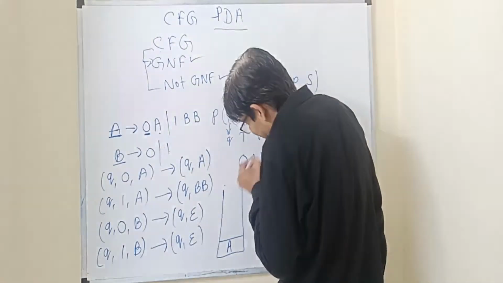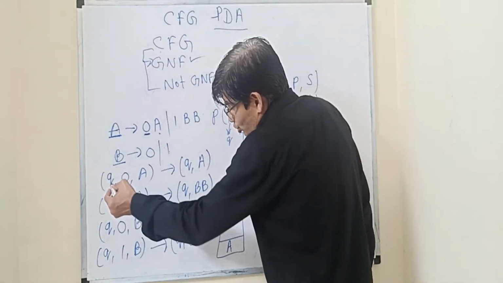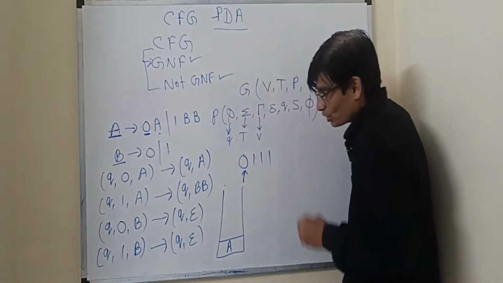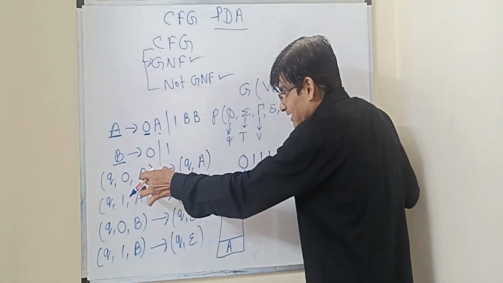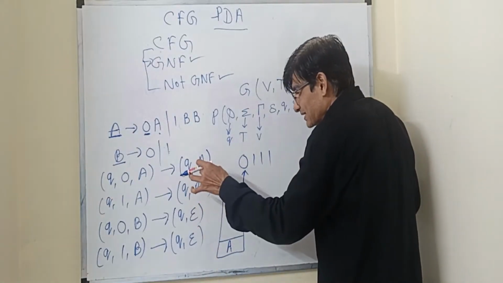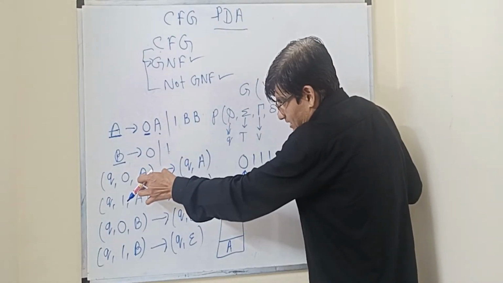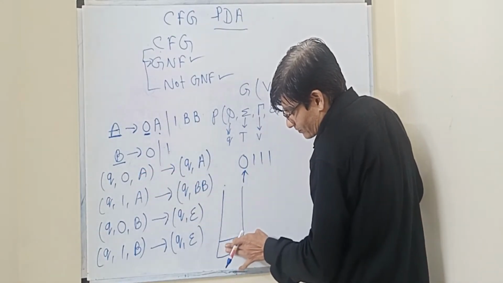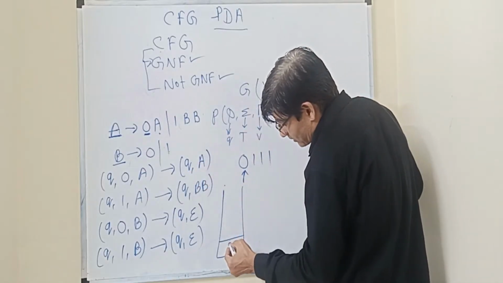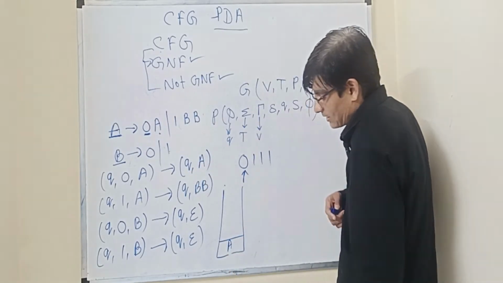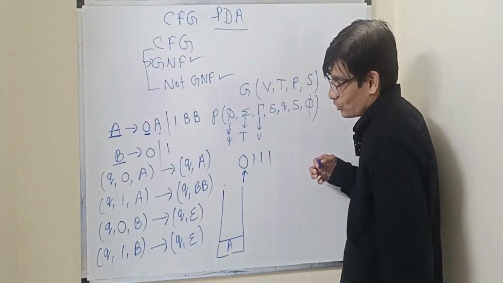So we are reading 0, the current stack top is A, and we are in Q. So we will stay in Q, remove the current stack top, and put the right hand side string of the production in the stack. So now we have pushed A again into the stack.